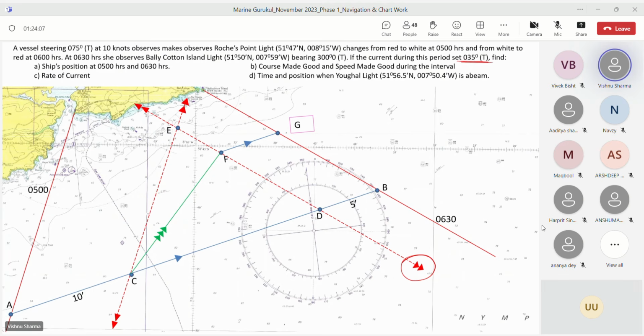Then mark A. Then mark B. Then mark C. Then mark D. Then get E. Then get F. Then get G.